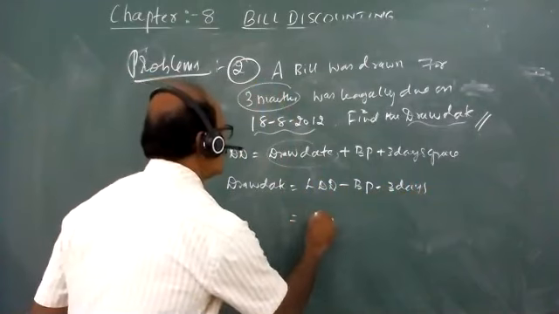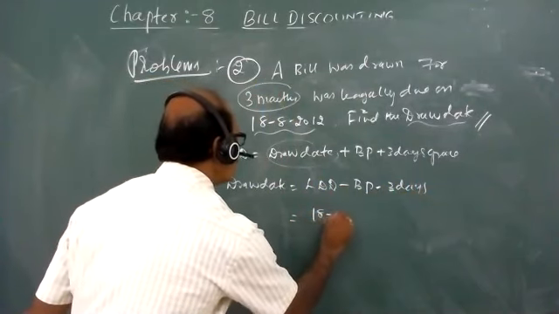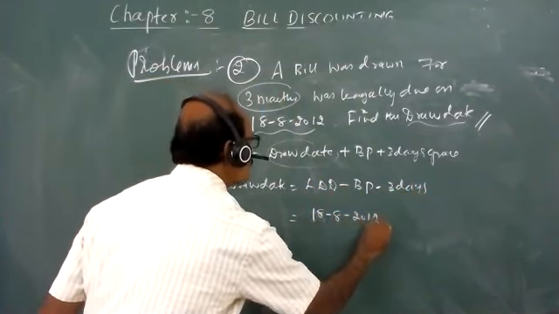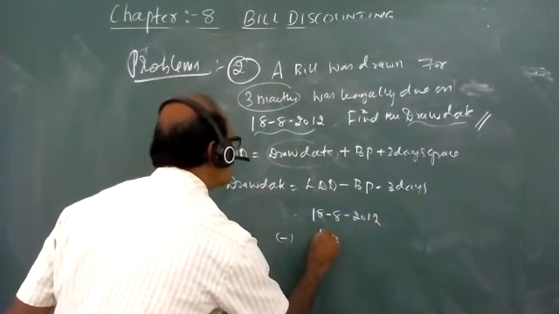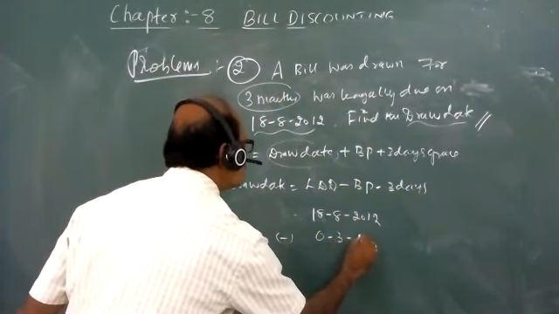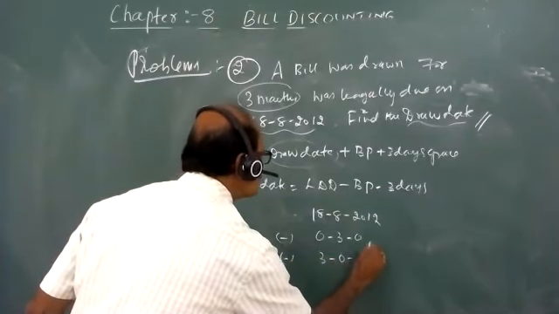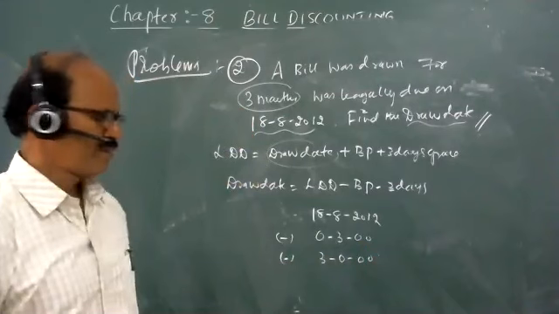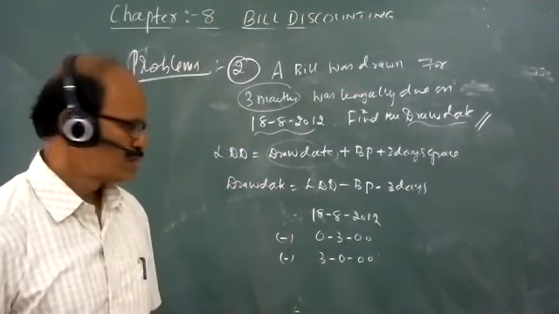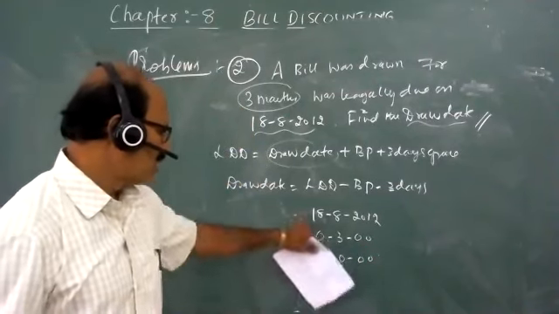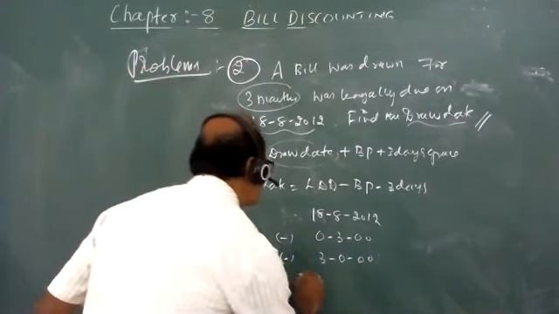What's the due date here? 18 8 2012 minus 3 months minus 3 days. Now subtraction. Okay, days we can separate.